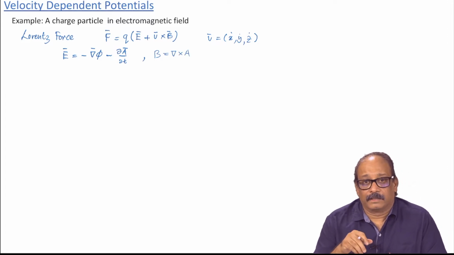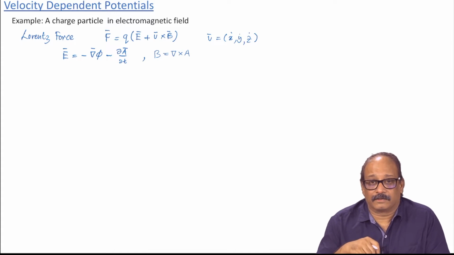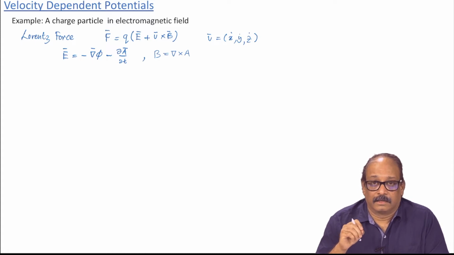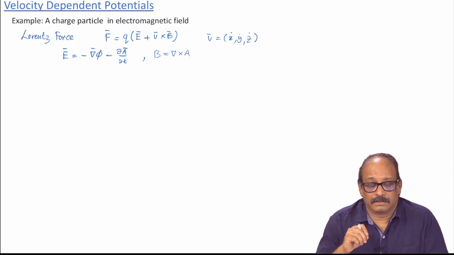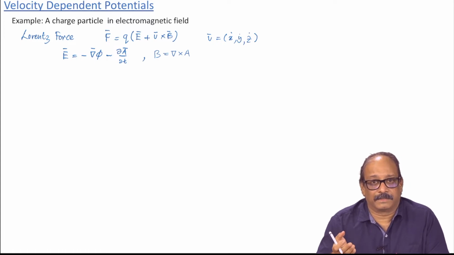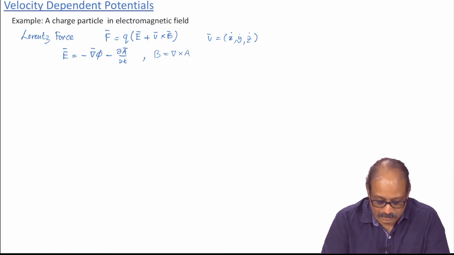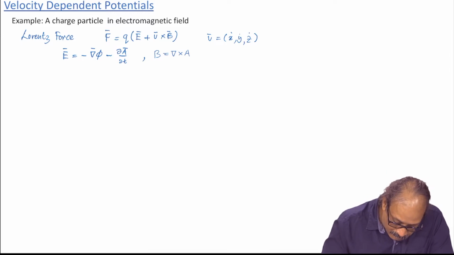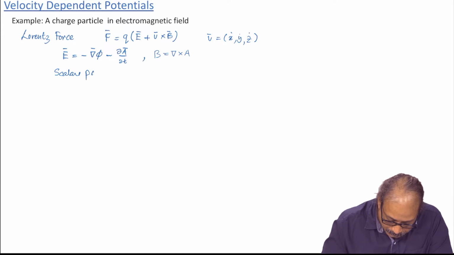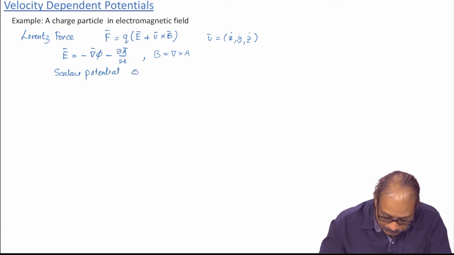Okay. Remember, this is not electrostatics, but electrodynamics, which means the electric field is not curl-less. The curl of the electric field will be non-zero, in which case the description turns out to be in terms of both a scalar field as well as a vector field. So, we have the scalar potential, which we denoted by phi.